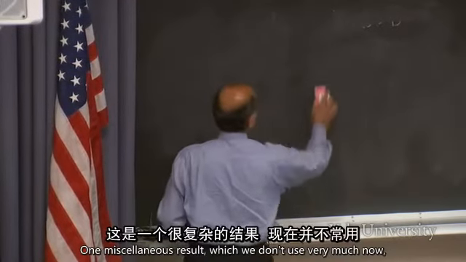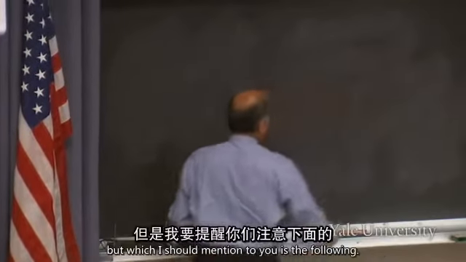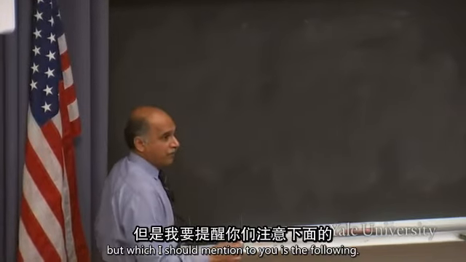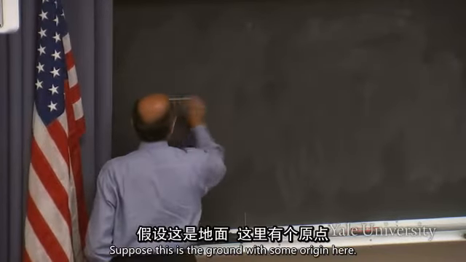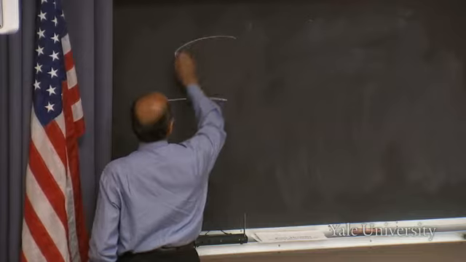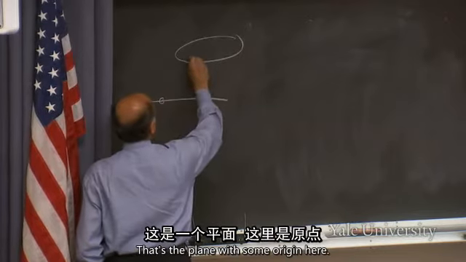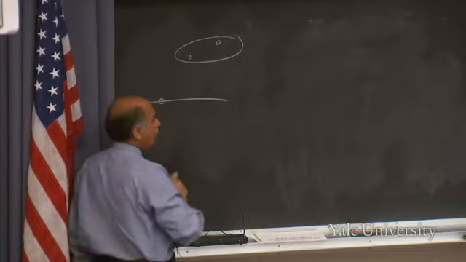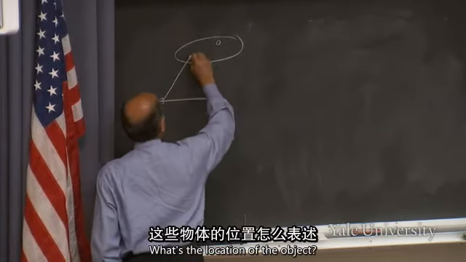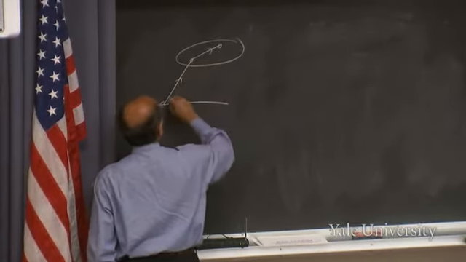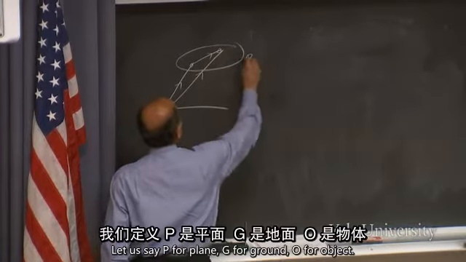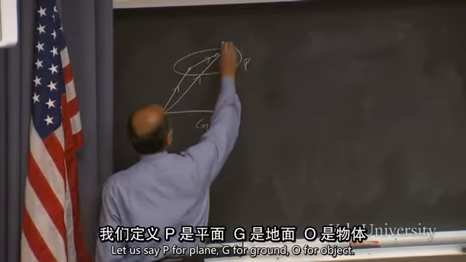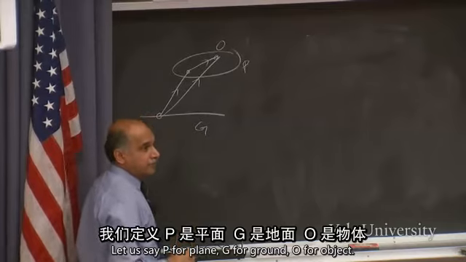One miscellaneous result, which we don't use very much now, but which I should mention to you, is the following. Suppose this is the ground with some origin here. That's a plane with some origin here. And in the plane, there is some other object. What's the location of the object? Let us say P for plane, G for ground, O for object.